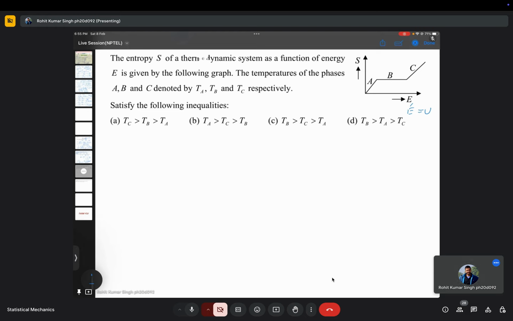We need to tell how the temperatures for the three phases are related to one another. Which of the following phases has higher temperature?